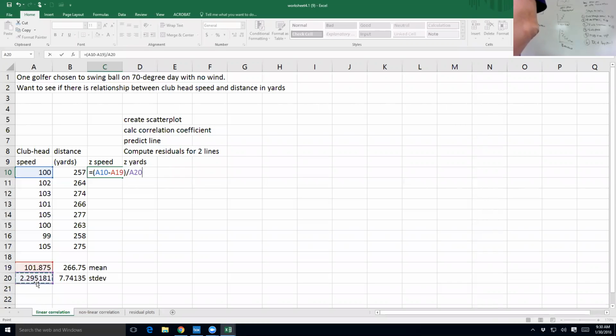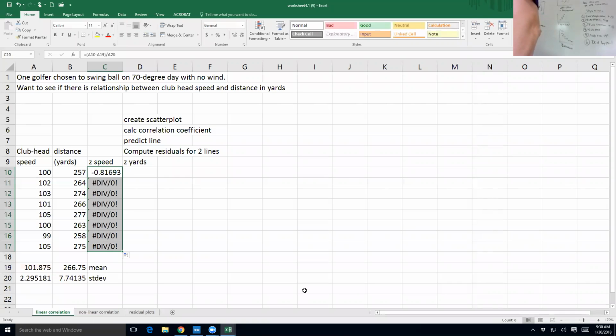Sort of. Michael said to press F4, and he is correct. I'm not going to do that because I want to make a mistake on purpose, because you guys got to figure out how to fix this. If I try to copy and paste that down, I get a bunch of division by zeros. So you got to know how to fix that. If you study with Michael, he'll help you figure this out.